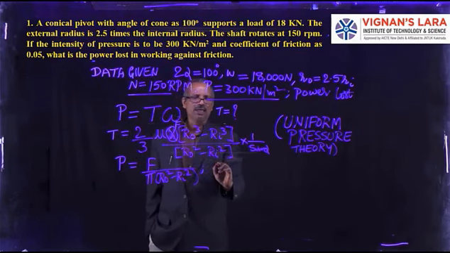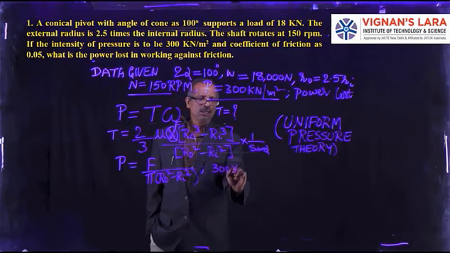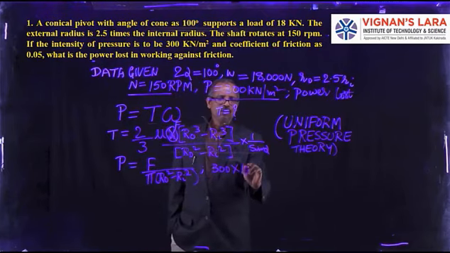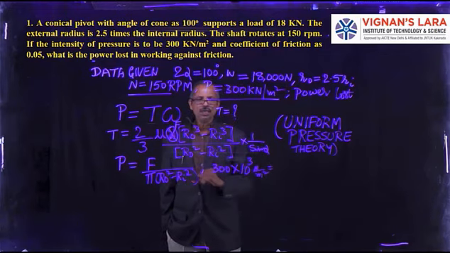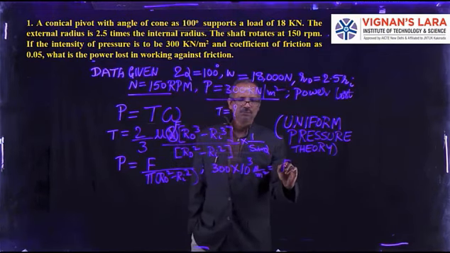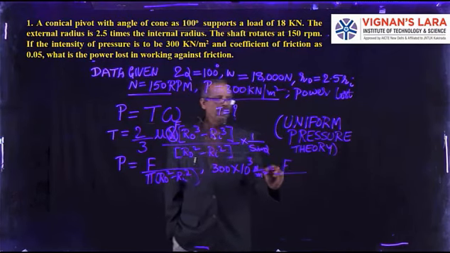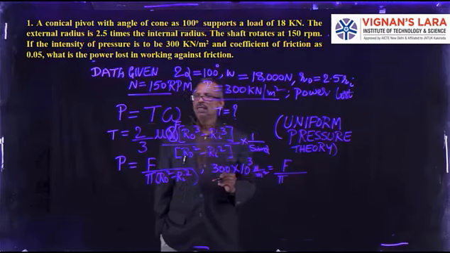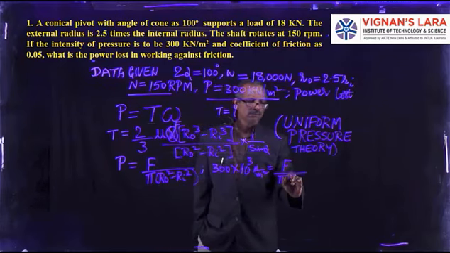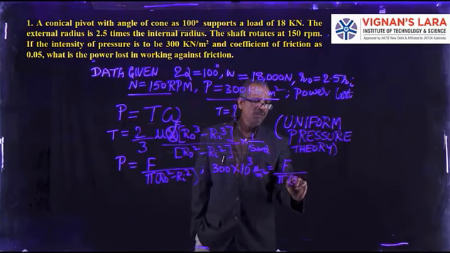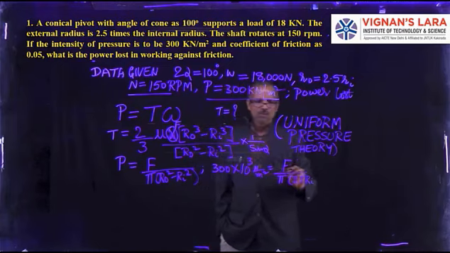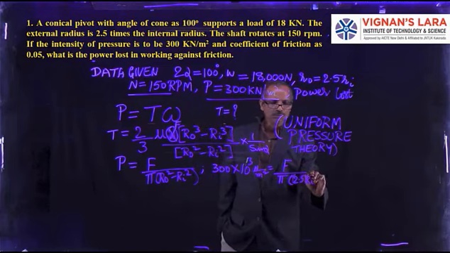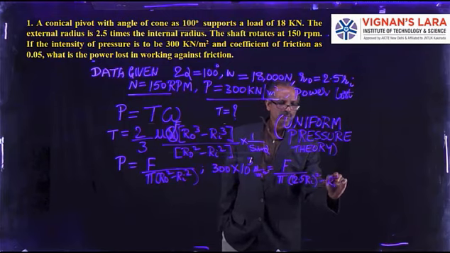So on the left-hand side I will write 300 into 10 power 3 newtons per meter square, equal to the force F by pi times ((2.5 Ri) square minus Ri square).